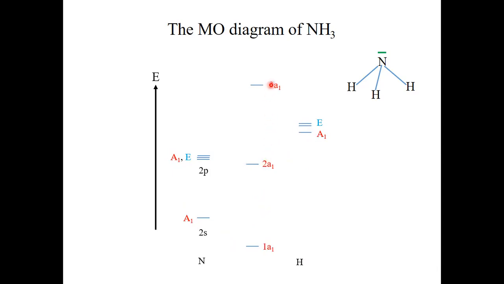Again, qualitatively, you can estimate that when you have 3 molecular orbitals, one will be bonding, one will be antibonding, and one will be approximately non-bonding, could be slightly bonding or antibonding, we don't know that. But the bonding one is low energy, the antibonding one has high energy. You have to write the bonding one below the atomic orbital which has the lowest energy, which is in this case the 2s.